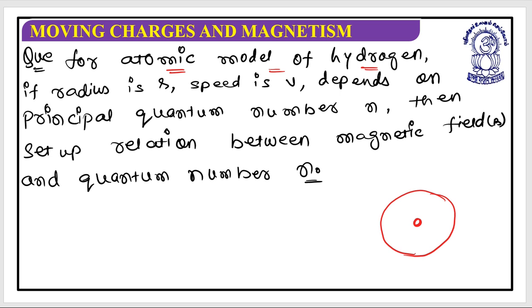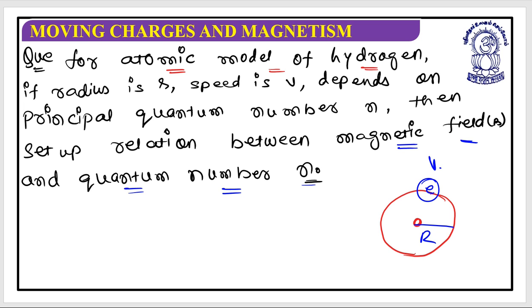At the center, the nucleus would be there, a proton, and an electron keeps rotating on the same path with radius r and velocity v. If it depends on the principal quantum number n, then we need to set up a relation between magnetic field and quantum number n.